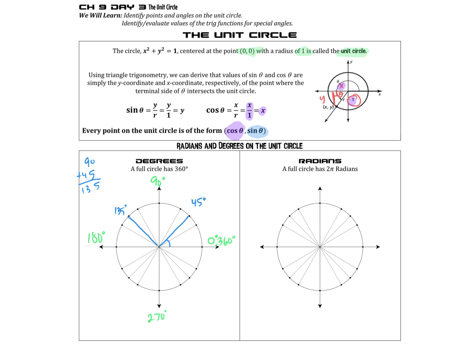If I add 45 again, I get to 180. If I add 45 to 180, or halfway between 180 and 270, I'm going to get 225 degrees. Halfway between 270 and 360, so if I add 45 more, 270 plus 45, I'm going to get 315 degrees.